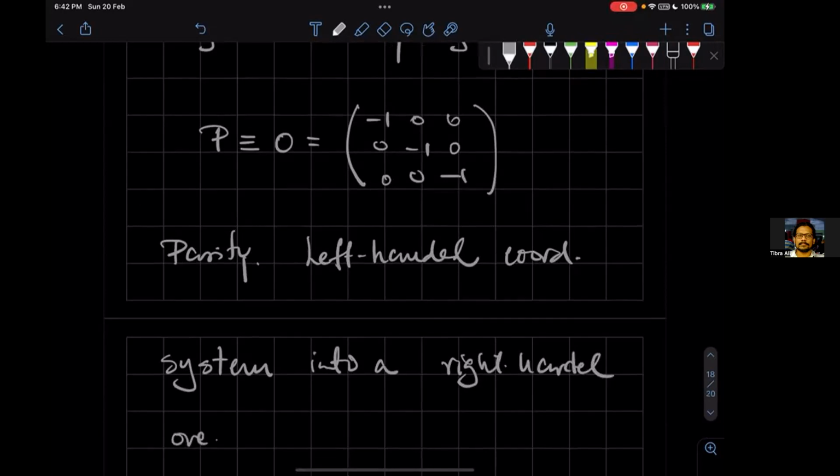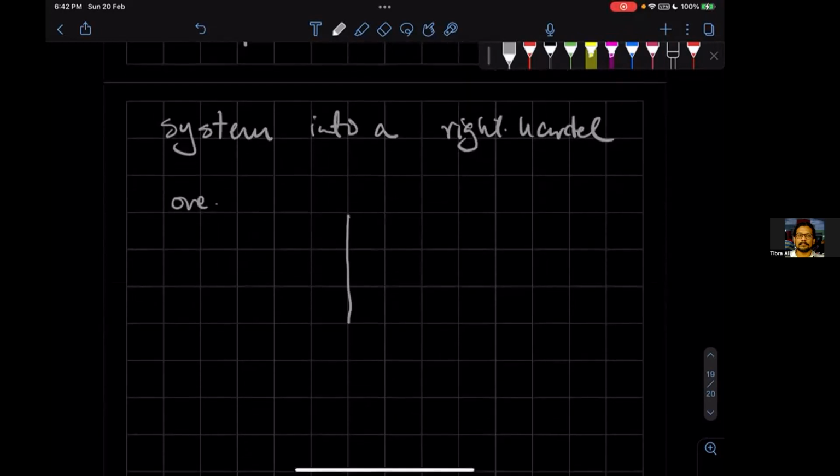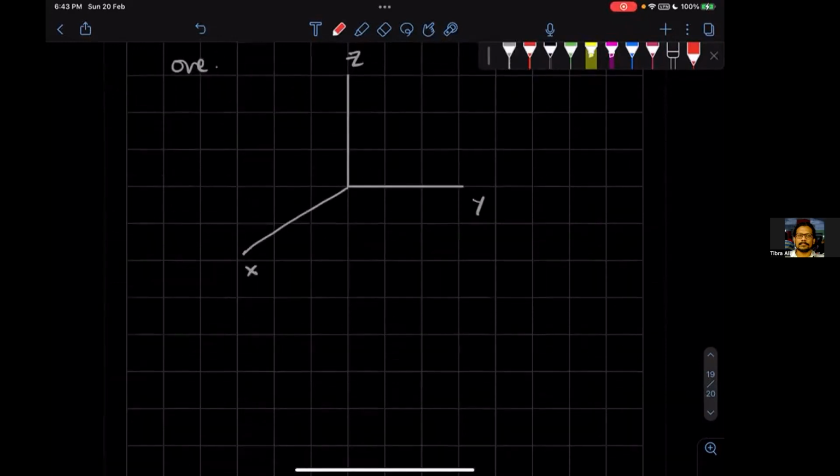So if you apply this matrix on all the unit vectors of your XYZ system, then you will have something else, where Z goes here and X goes that way and Y goes that way, right?